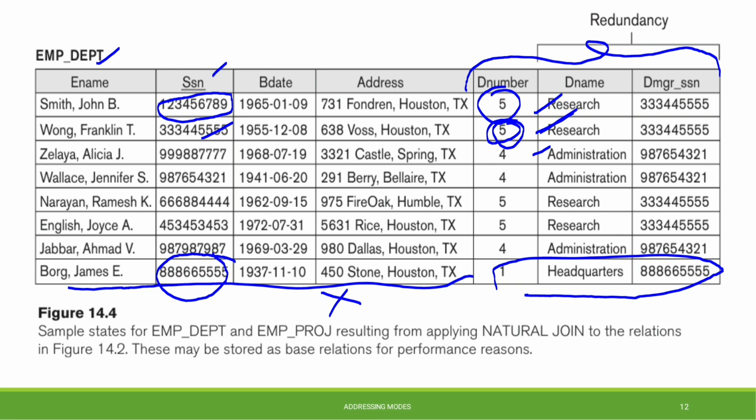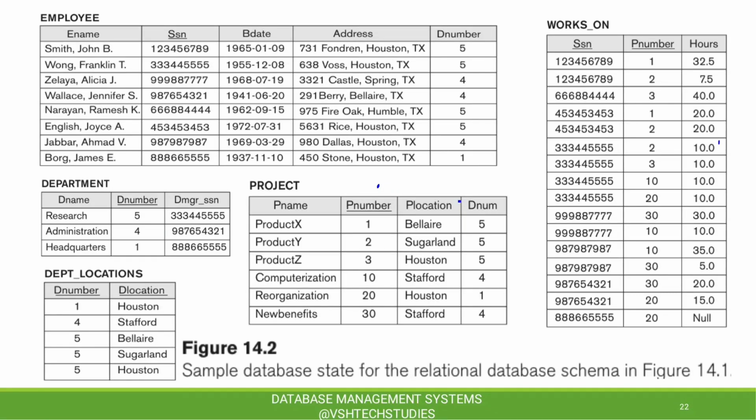Okay. Such insertion anomalies are not present in the employee relation and department relation here, because they are not violating guideline 1, they are used as base relations. Whenever employee information is stored in the employee relation, D number is stored here for that employee, which indicates the department number to which that employee works.